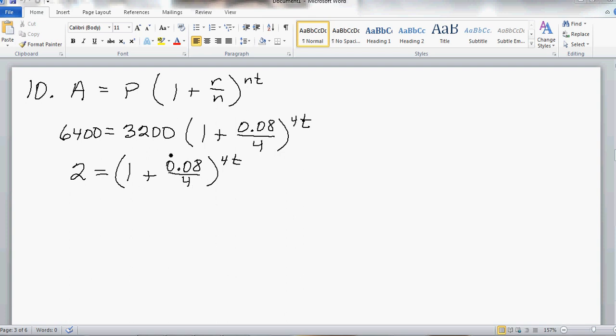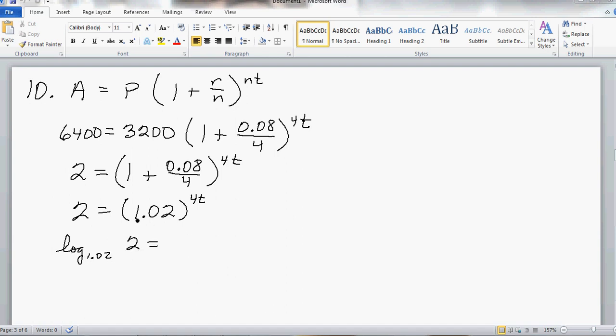we can do a simplification here. This isn't too difficult to do. 1 plus 0.08 over 4 ends up being 1.02 raised to the 4t power. So to get rid of this 1.02 raised to the 4t power, we're actually going to have to take the log base 1.02 of both sides.